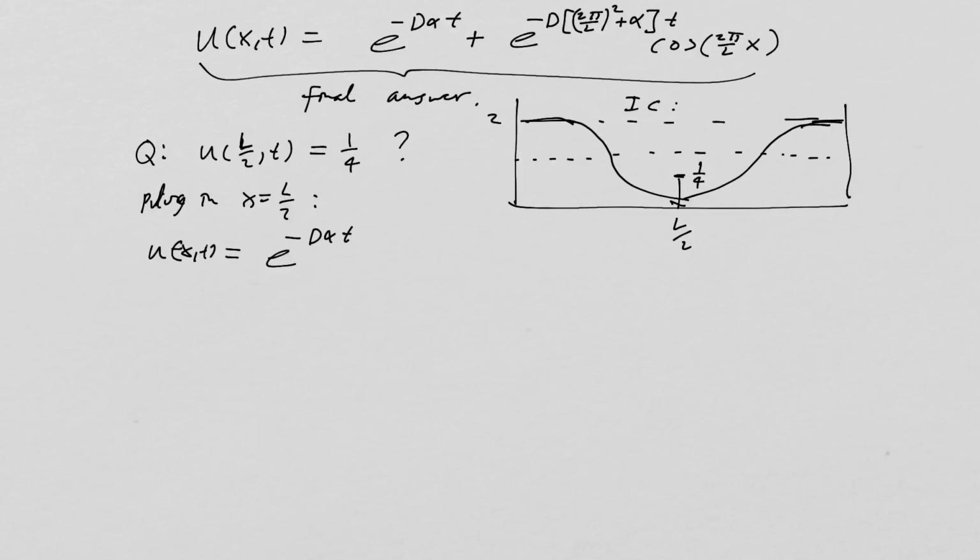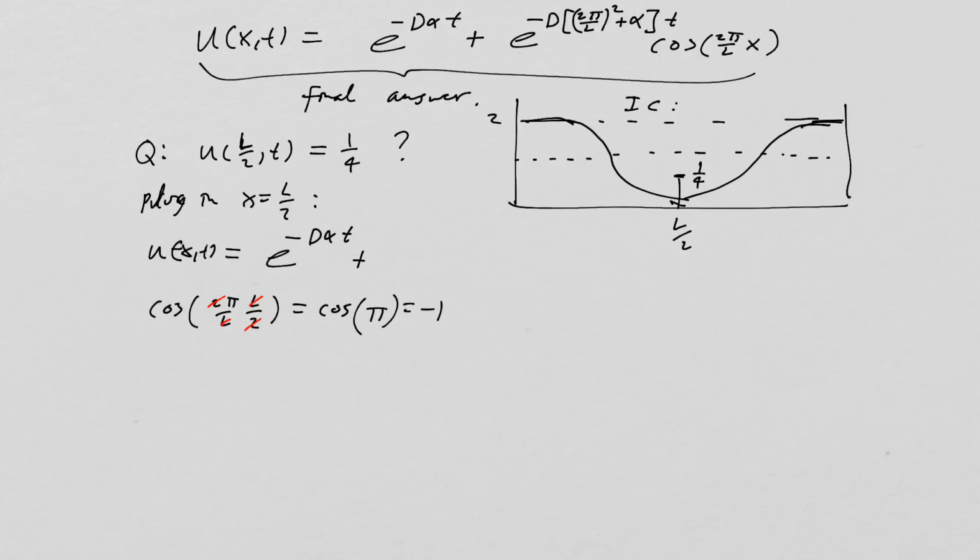times alpha t plus, now of course cosine of 2 pi over L times L over 2, what's that going to be equal to? That's going to of course be equal to cosine of pi, because right here the L's cancel and the 2's cancel, which is going to be equal to negative 1.